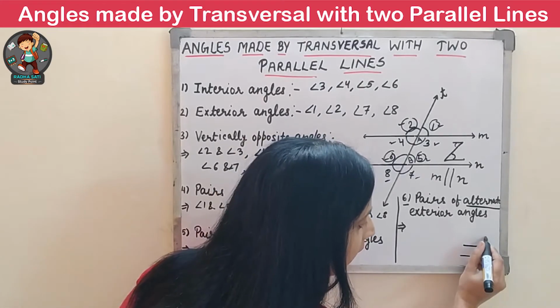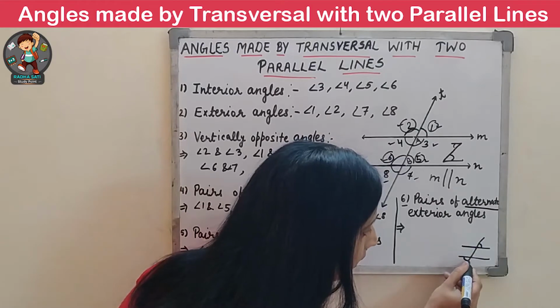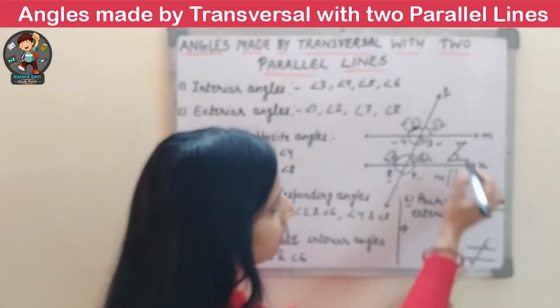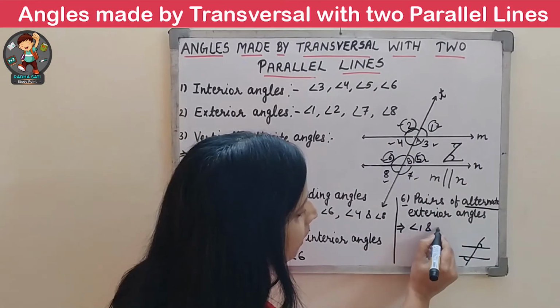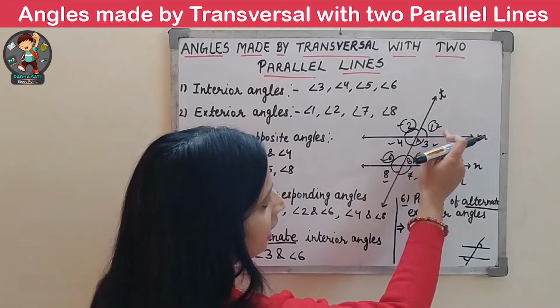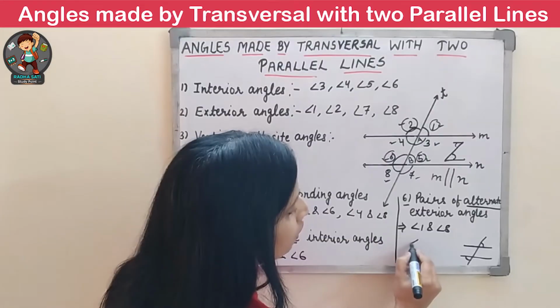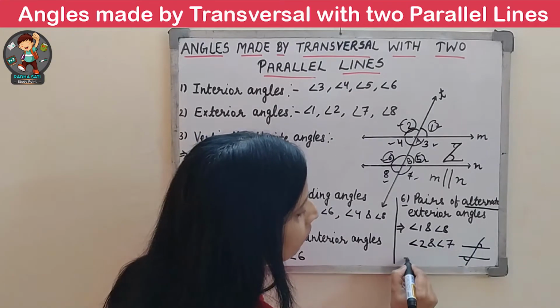If these are two lines and this is a transversal, then this angle and this angle are formed on the opposite sides of the transversal. So angle 1 and angle 8 is the first pair, and the second pair we may write as angle 2 and angle 7.